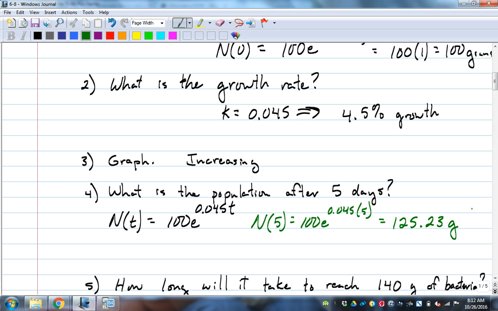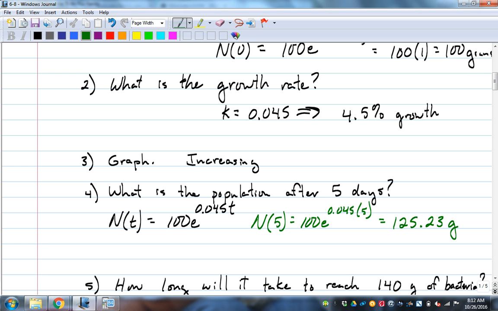That's the population, or the mass of our population in that problem. If they ask you for the population after 20 days, what do you do? Plug in 20. Really simple stuff there.